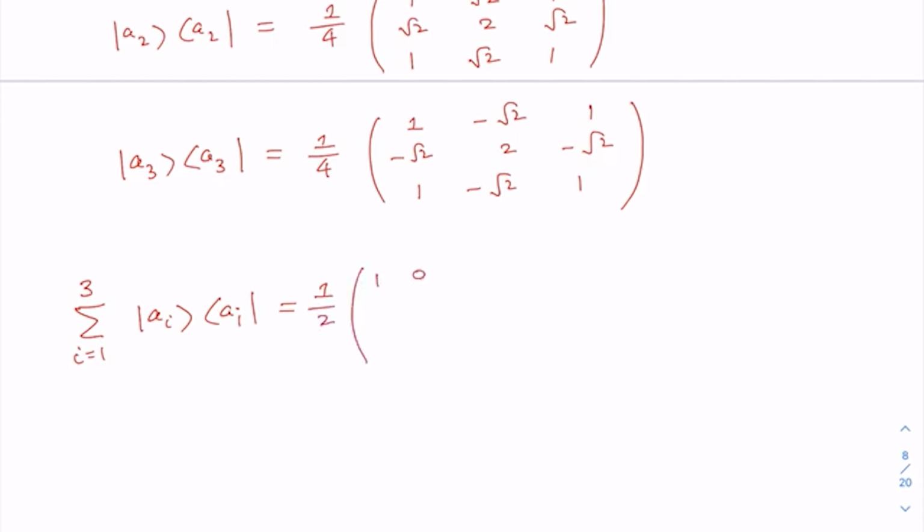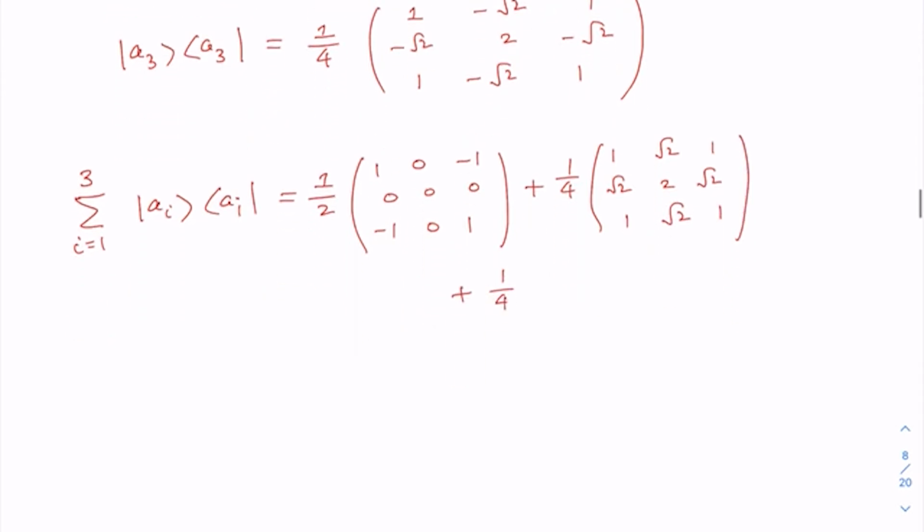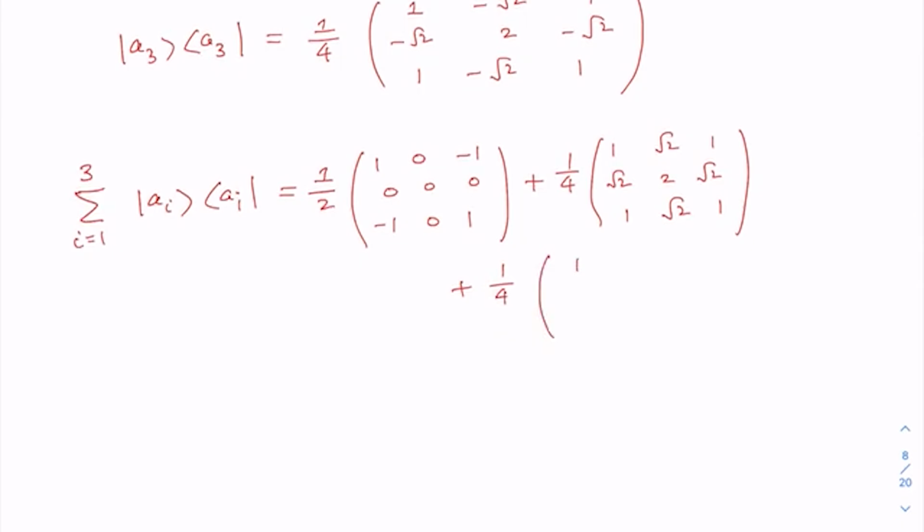You will get (1, 0, minus 1; 0, 0, 0; minus 1, 0, 1) plus 1 by 4 (1, root 2, 1; root 2, 2, root 2; 1, root 2, 1) plus 1 by 4 (1, minus root 2, 1; minus root 2, 2, minus root 2; 1, minus root 2, 1).